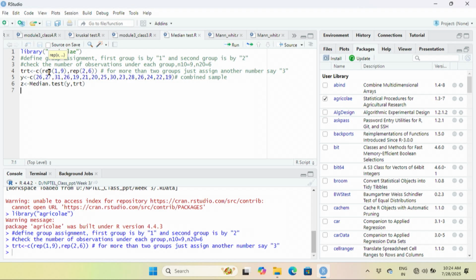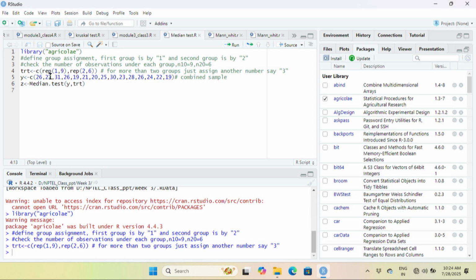The first group of observations is assigned 1, and the second group is assigned 2. There are two groups, remember that. Now under these groups, how many observations are there? In the first group there are 9 observations.